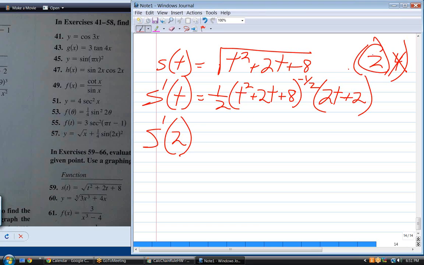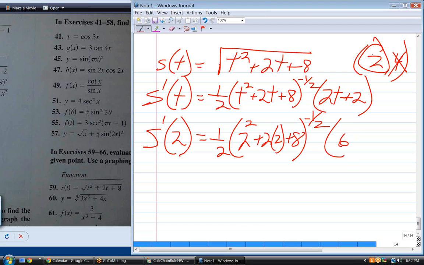So evaluate this at t equals 2. Again, this is just algebra. I'm assuming you know how to do this. Oh, I see. That's 16, huh? It's not 6 over 4. Don't forget this 1/2. In other words, the square root of that is 4. So it's really going to be 3 over 4, isn't it?